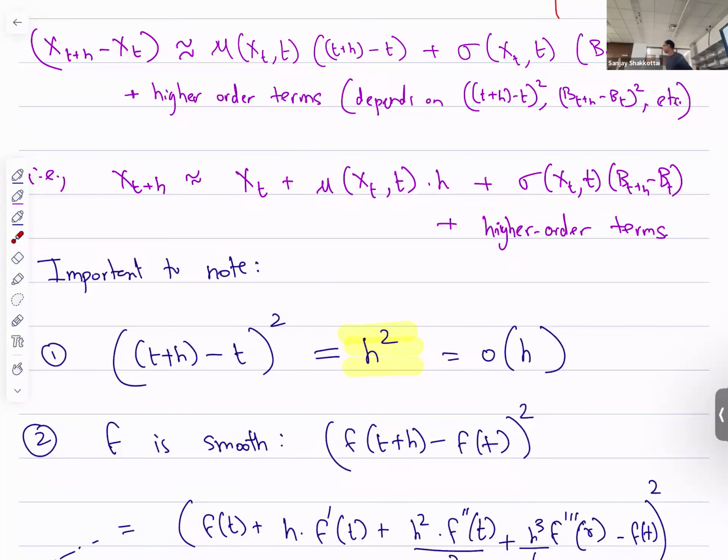Constantine? So just in terms of dimensionality, B is a scalar? No, it's a vector. They're all vectors. I'm writing everything for scalars, but when I'm actually doing this, this is a vector of Brownian motions with a covariance matrix which is the identity. I've given you the scalar version of it.